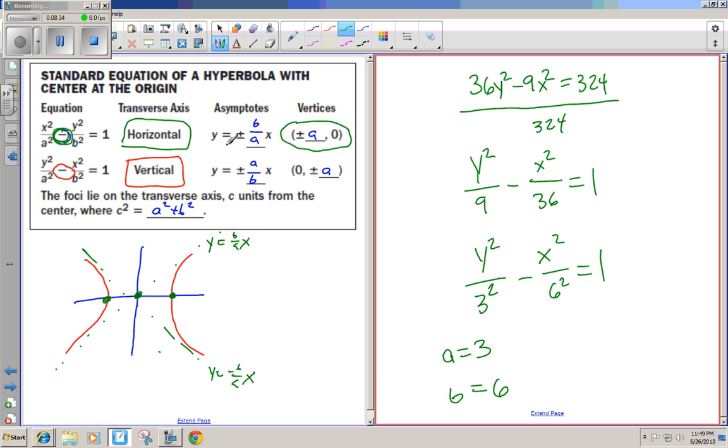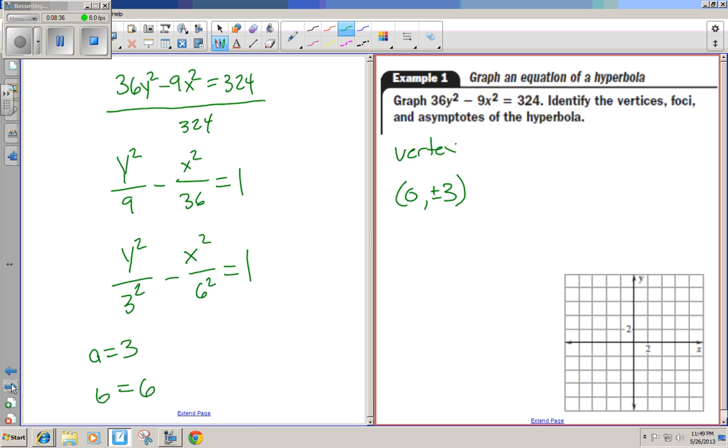The asymptotes are B over A. Therefore, y equals 6 over 3 x, or y equals plus or minus 2x.